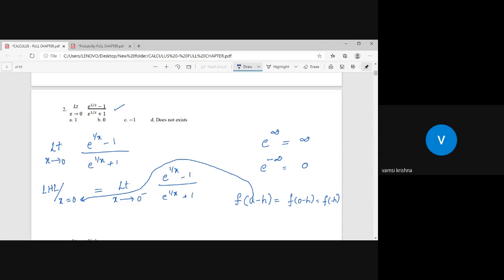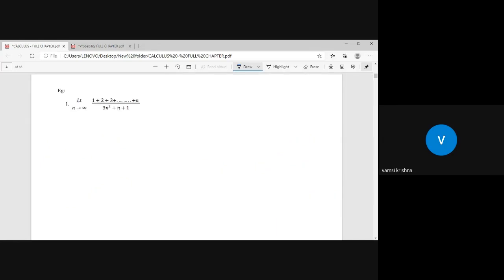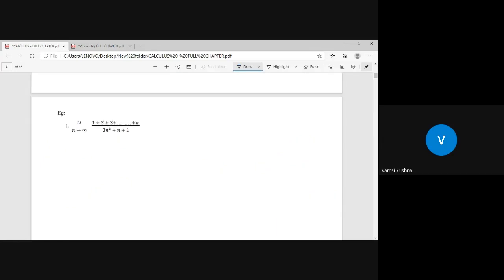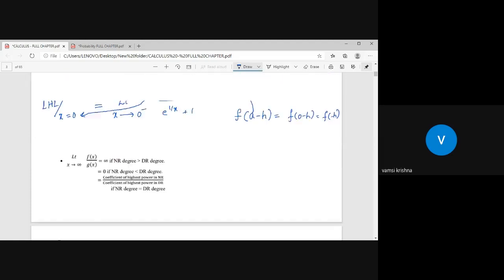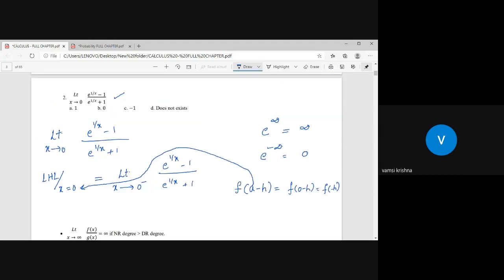Now let's take this part. Okay, I want to substitute here. If I substitute h in place of 1 by x, now I am writing f of minus h.